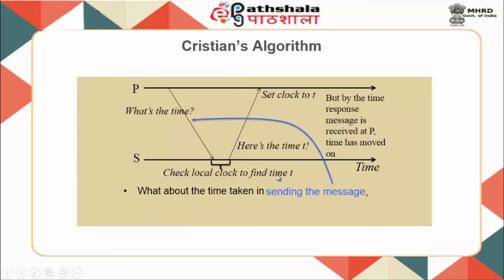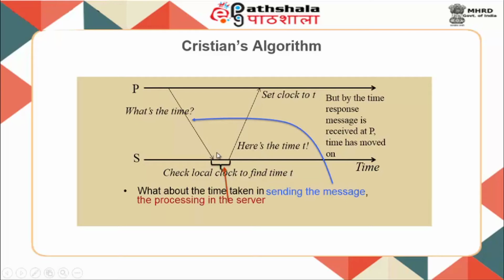One, the message sending time. We have talked about network delays, that the internet is unreliable and packets are being dropped. Therefore, a finite time will be spent sending the message.